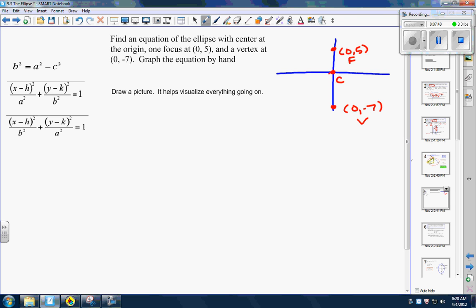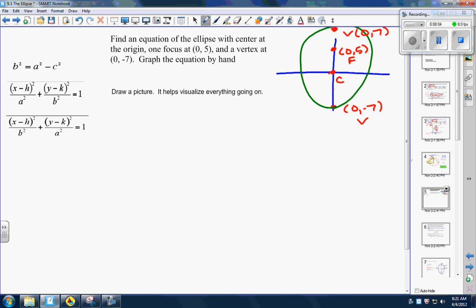Now clearly, since the foci, or one of the foci, is on the y-axis, this guy's got to open up and down. So we'll just get a rough picture right now, something like that. Okay. So if I know that's a vertex down at (0, -7), that means I got another vertex up here at (0, 7).